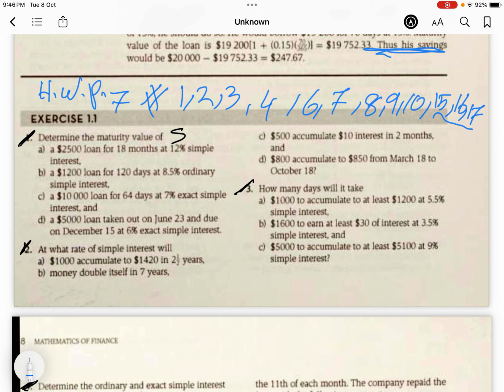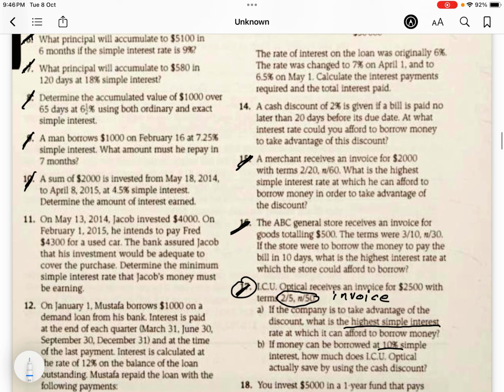Before we move to solve, I will solve with you question number 1 and question number 17.